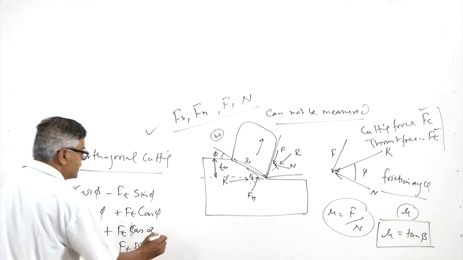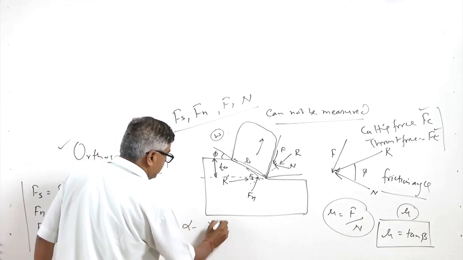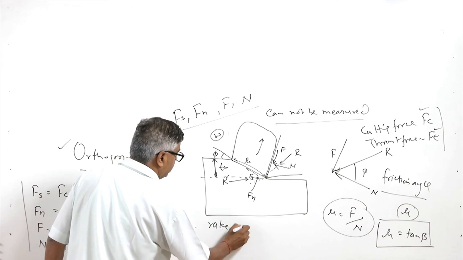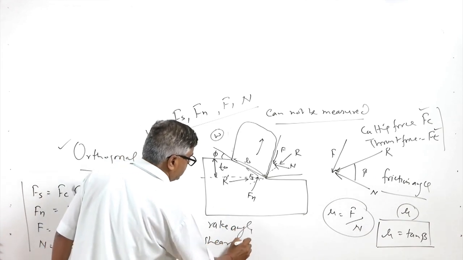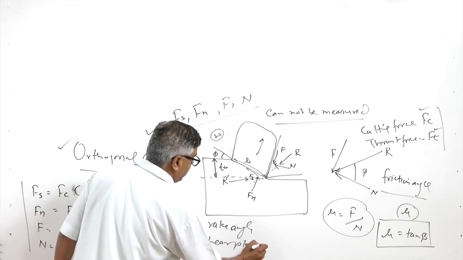So what are these? Alpha is basically the rake angle and phi is the shear plane angle.